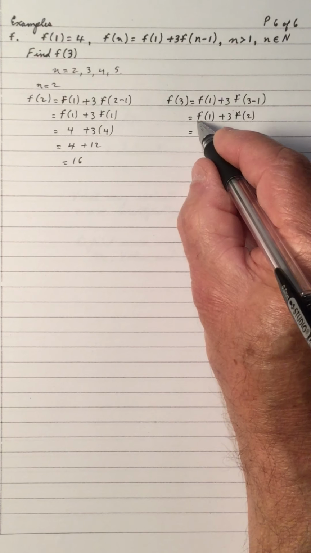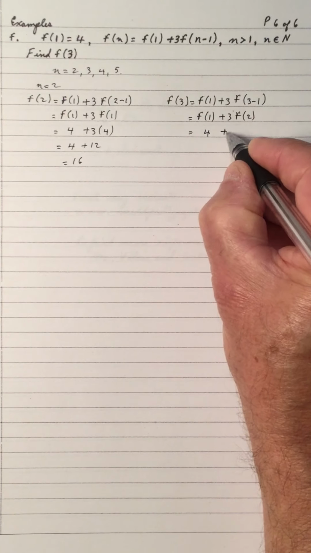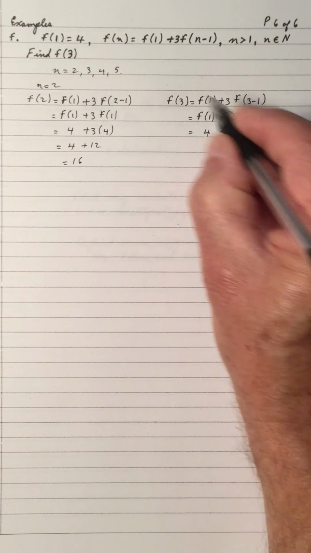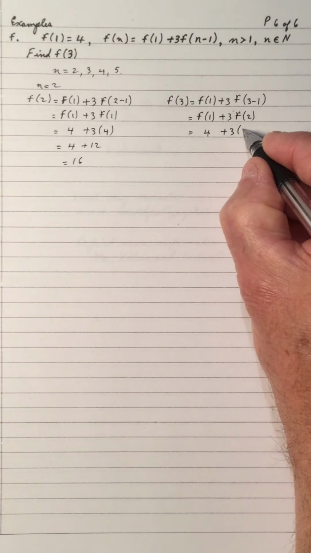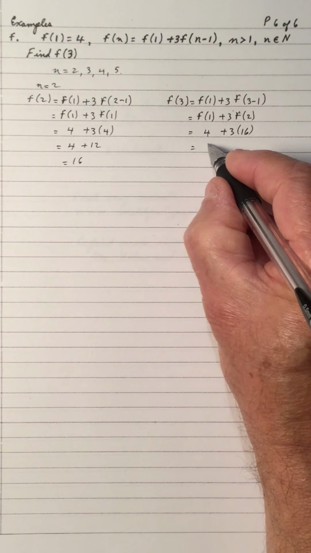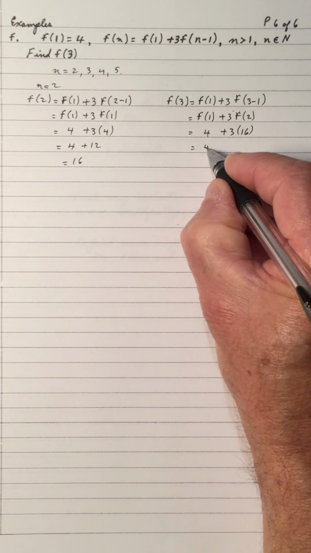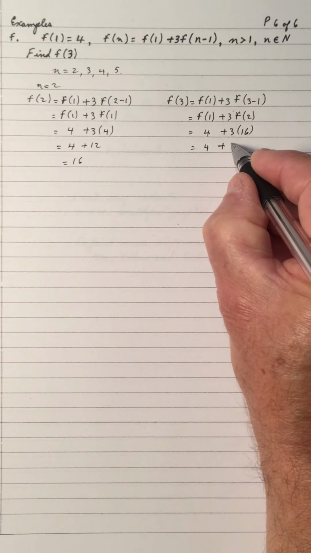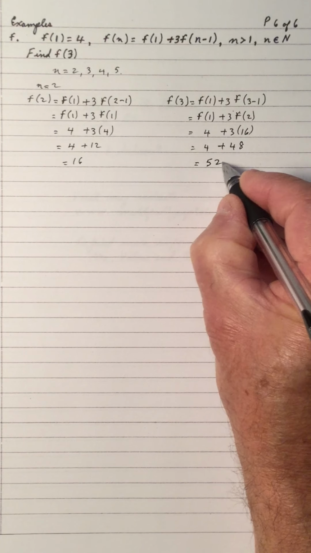And now, this is the f of 1. The f of 1 is 4. And this is 3 times f of 2. The f of 2 we worked out to be 16. And again, PEMDAS, we have to multiply first. We can't add these first. We have to multiply, and then add 4. 3 times 16 is 48, and that gives us 52.